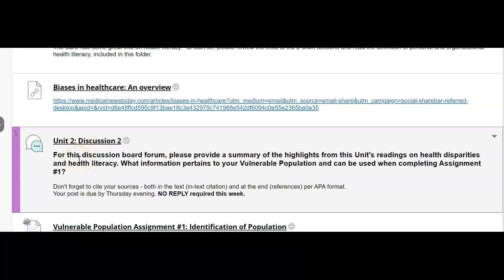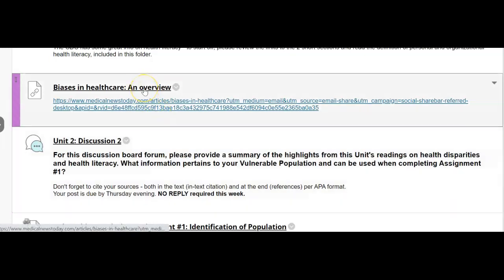And you're going to be doing your discussion board, no reply this week because you do have enough readings, and I want you to just highlight the unit's readings on health disparities and health literacy. So you're going to be looking at the biases, especially as you're reading the information in this article, you really see that it pertains to your vulnerable population. Or as you've read through the information on health literacy, what information really pertains to your vulnerable population and can be used as you're completing assignment number 1.